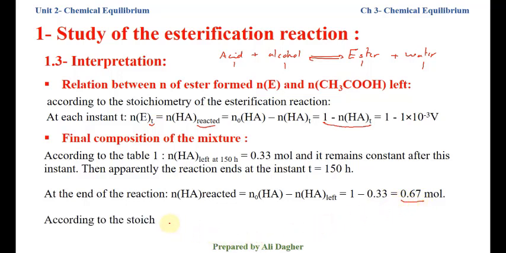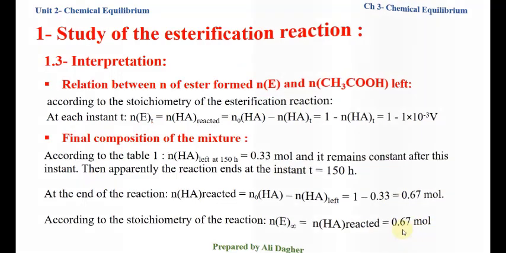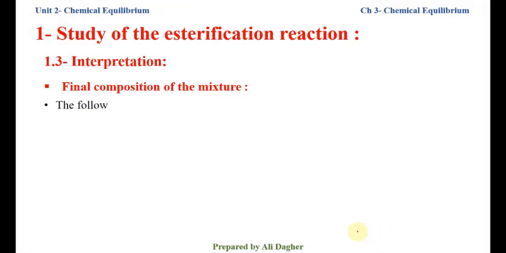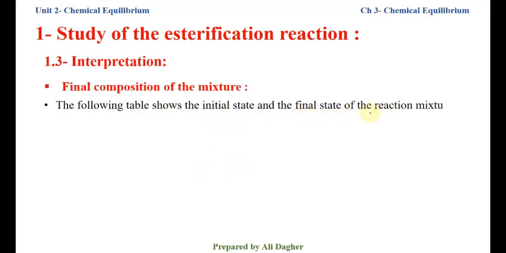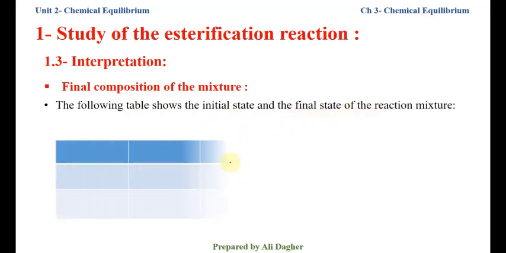Therefore, according to the stoichiometry of the reaction, the number of moles of ester at infinity equals the number of moles of acid reacted, as we have seen, and equals 0.67 mole. The same for the water, 0.67 mole. Then the following table shows the initial state and the final state of the reaction mixture.